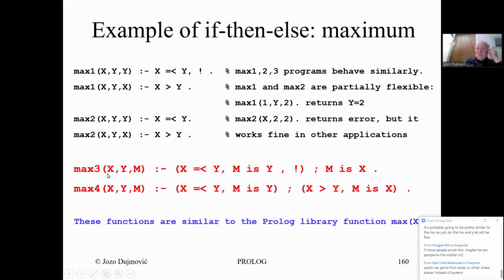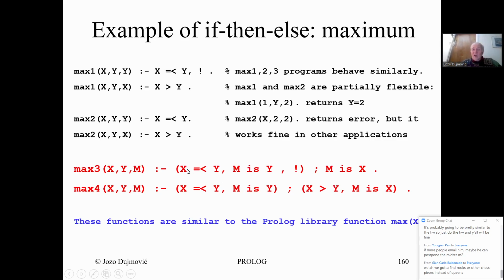So this max3 is telling you the following. If X is less than Y, then return this M. I have here M, which is equal to Y, the greater value, and then terminate the program. So this is if-then-else.